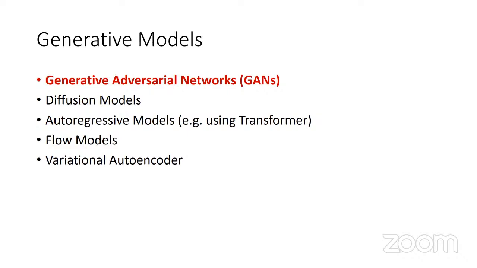So that means the distinction is no longer that clear because of this mix and match architecture building that's going on at the moment. But in this talk, I'll mainly focus on generative adversarial networks.